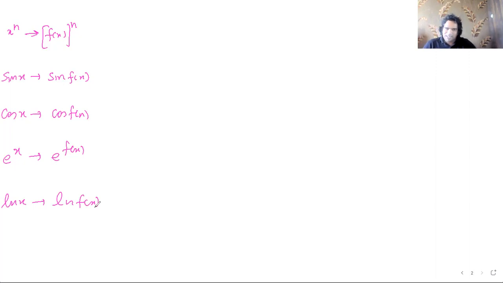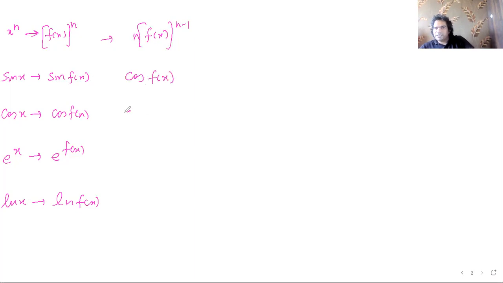I can explain this in the simplest possible way: you differentiate the function as you do the normal parent function derivative. So the first step is n times f of x to the power n minus 1. Don't think about the fact that you have been given some function. Derivative of sine is cos of the function.